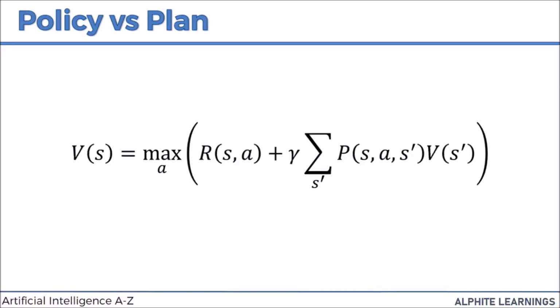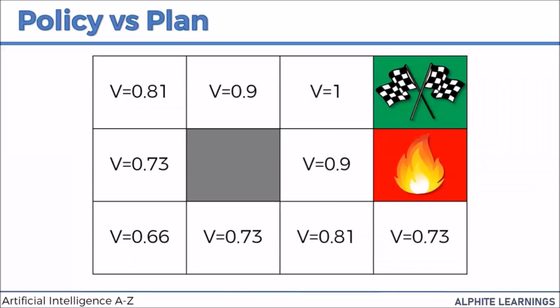If it is a deterministic search, we use the raw Bellman equation, and we predict values like 1, then 0.9 and 0.81. So what will be its plan?